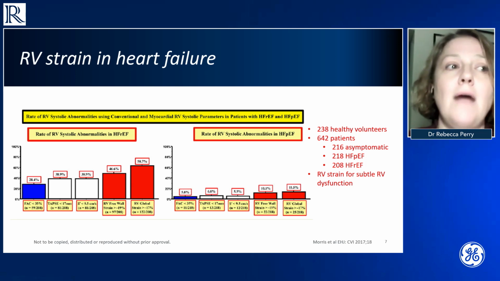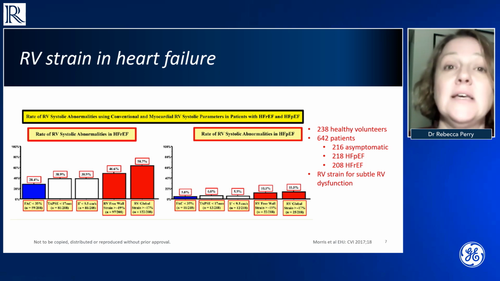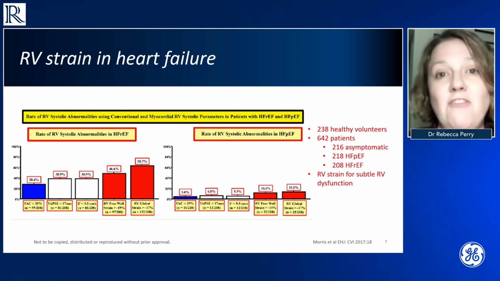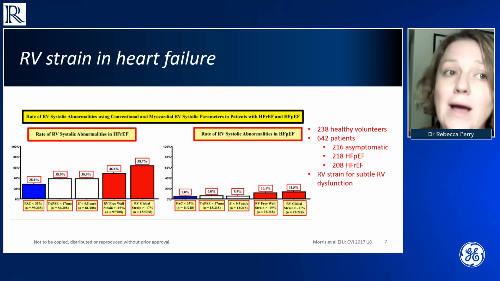They then used right ventricular strain to detect subtle abnormalities compared to the traditional right ventricular parameters, such as fractional area change and TAPSE. So the graphs that you can see here show the number of abnormalities found in the HFrEF patients on the left and the HFpEF patients on the right. Right ventricular fractional area change is shown by the blue column. TAPSE and S prime are shown in white, and RV free wall and global strain are shown in red.